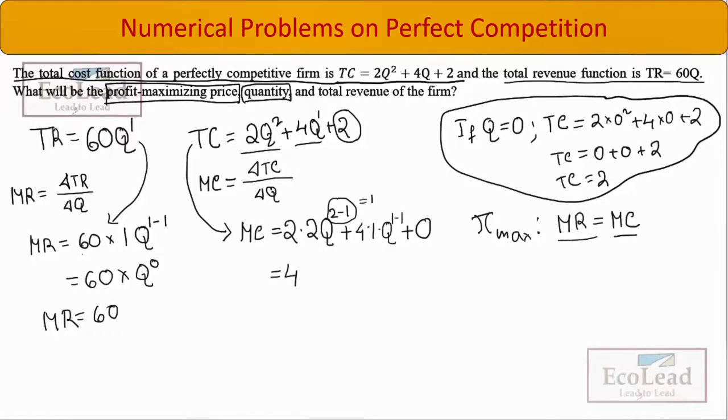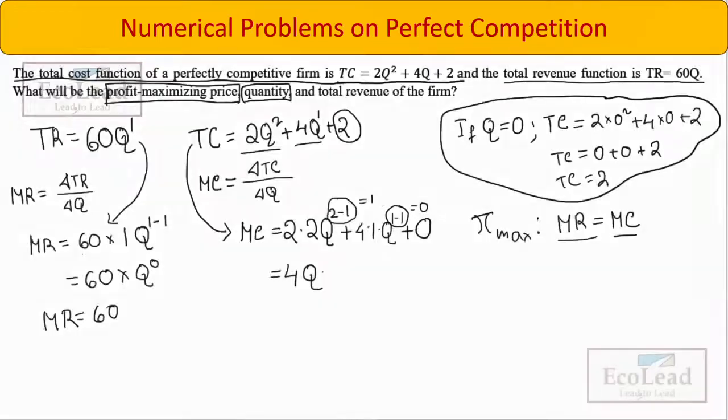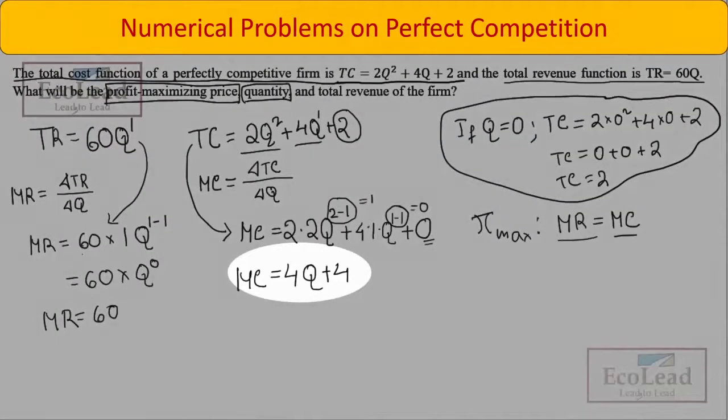So Q to the power 1, we can write it also as 4Q. Here 1 minus 1 means 0. Anything to the power 0 means it is equal to 1. So we can write it here 4Q plus 4. And the third term is 0, so we need not write it. So the value of MC that we got here for this problem is 4Q plus 4.